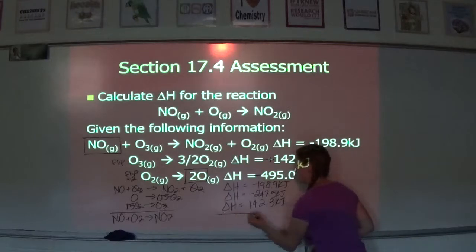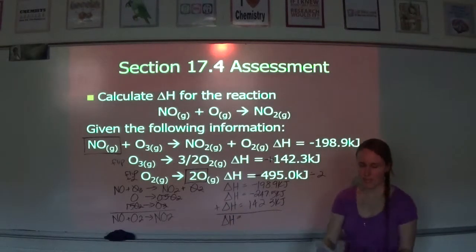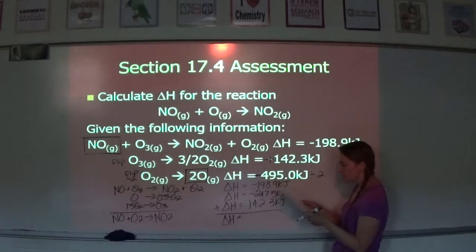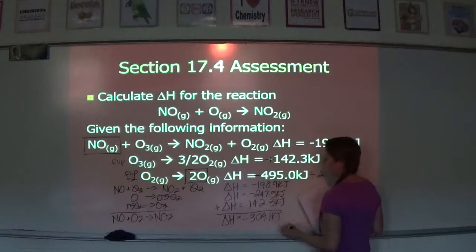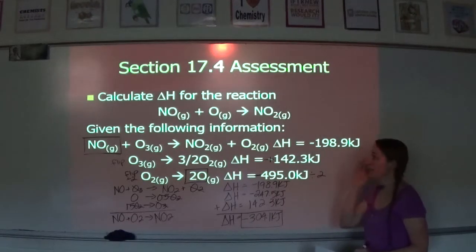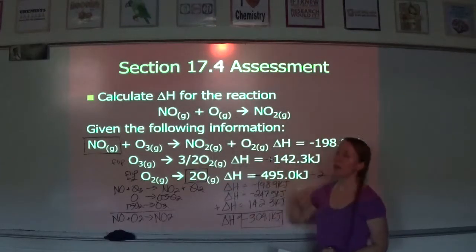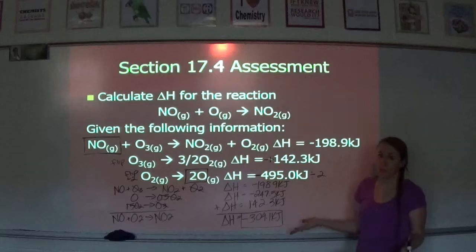Yes. So we add up those delta H's and I ended up getting negative 304.1 kilojoules, and that's my answer. When you get a reaction where neither the reactants or products are in your final equation, it's used to cancel out things that you don't want.